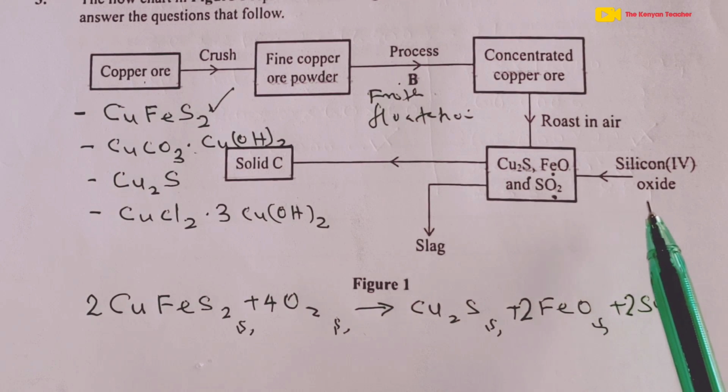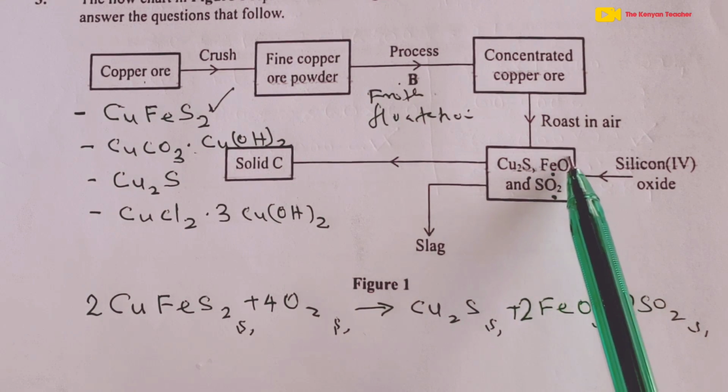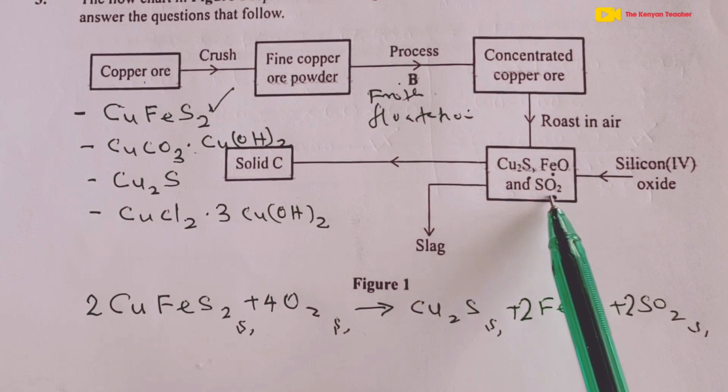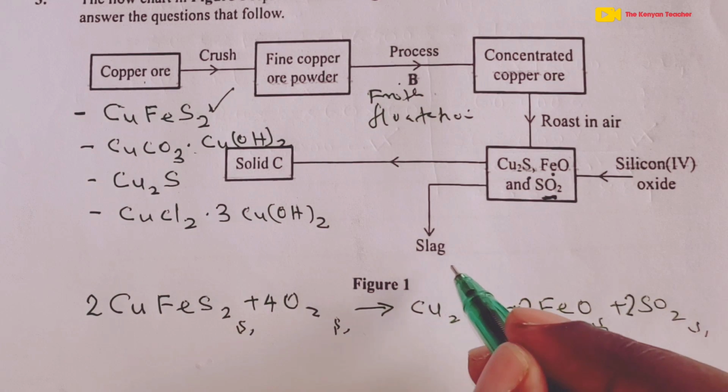What silicon 4 oxide does is simply to remove our iron 2 oxide. Because sulfur 4 oxide, as we said earlier, is recovered and probably used in the contact process to produce sulfuric 6 acid.